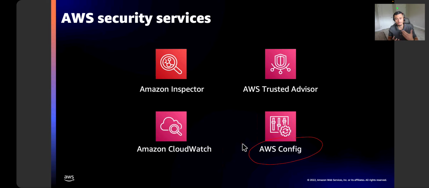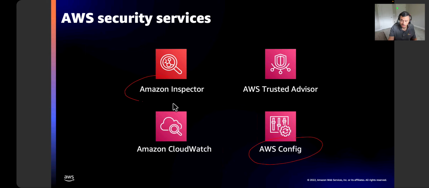So we can specify some kind of desired state, maybe for our EC2 instances, we always want to make sure that we're blocking traffic on port 2022. So we can create a config rule around things like that. And then AWS Config continuously monitors to check if any resources violate that rule, right?